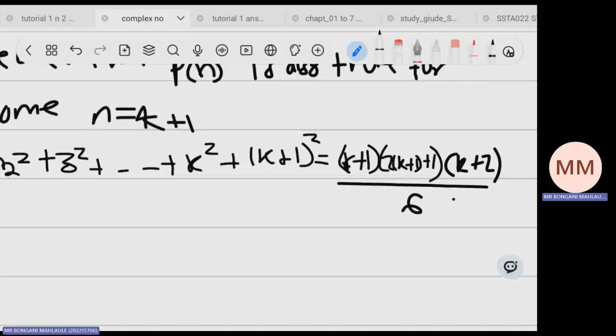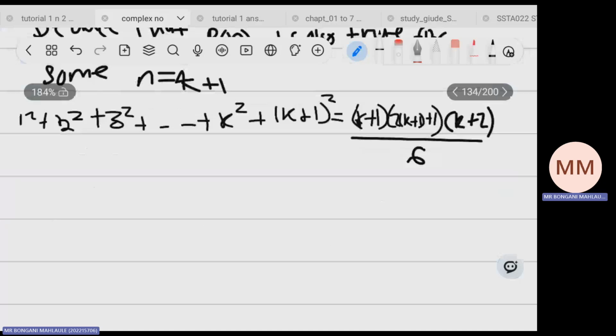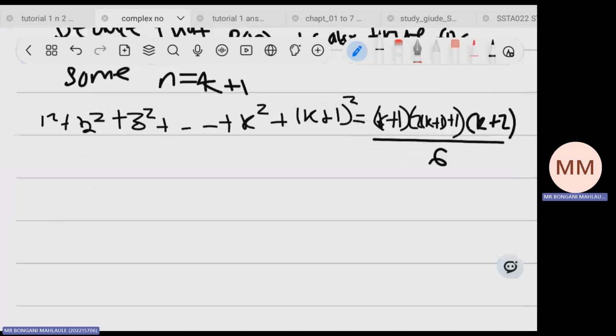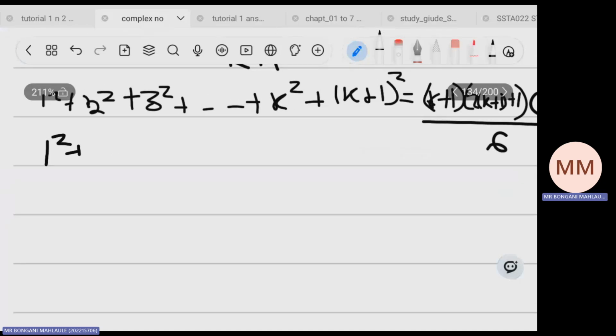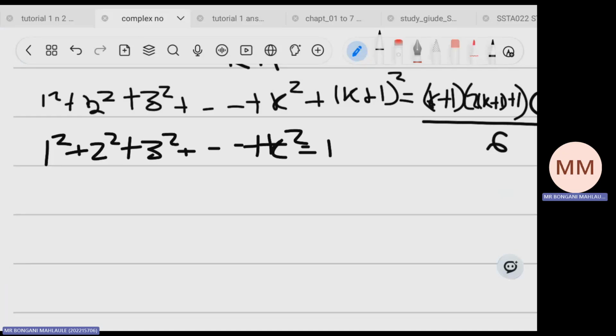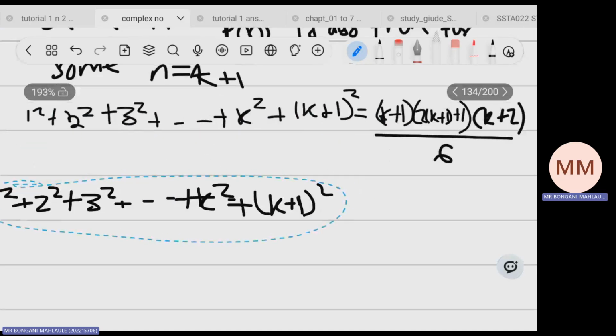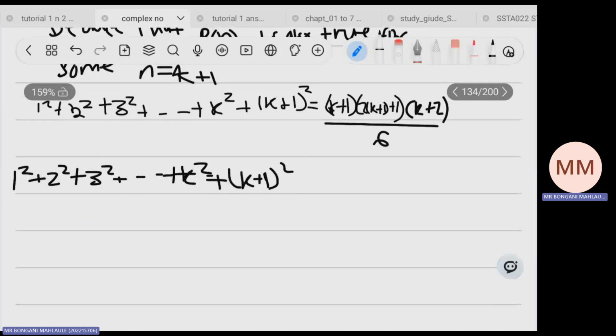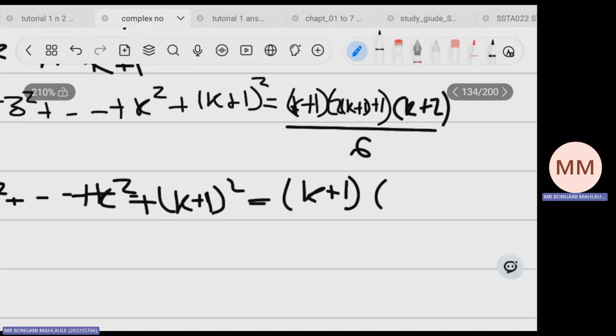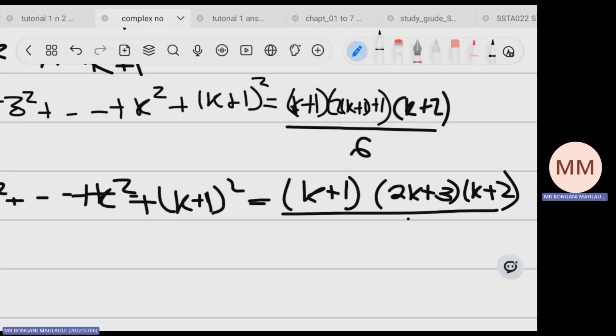All over 6. So we can see that this will be 1 squared plus 2 squared being equal to k plus 1. This will give us 2k plus 3, k plus 2 all over 6.